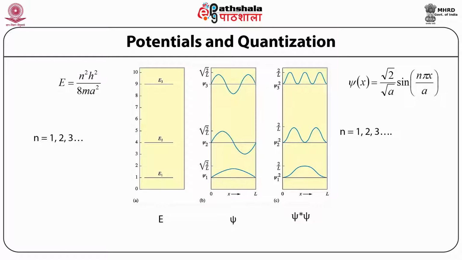And the last figure represents the probability density, that is psi star psi, for n equal to 1, 2, 3 and so on, that is psi 1 squared, psi 2 squared and psi 3 squared. So we can conclude that the probability density is positive for all the values of n.